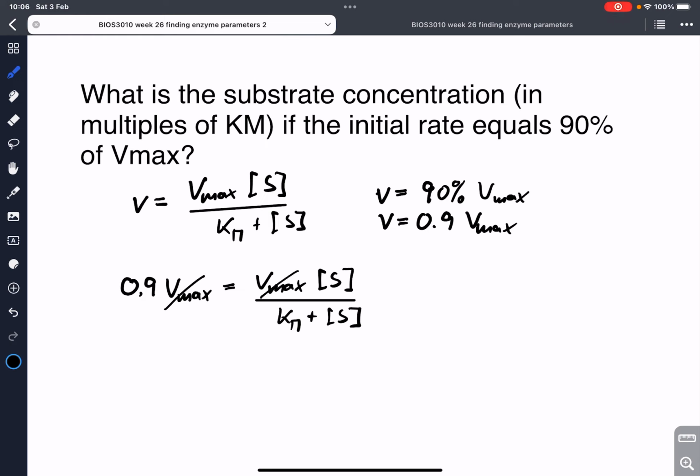So in fact, we didn't need to know what our Vmax actually was in terms of value. And we can bring the denominator to the other side. We just multiply by the denominator and we get 0.9 times (Km plus S) equals S. That's what we have left on the right-hand side of the equation.